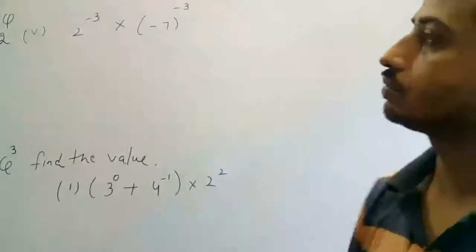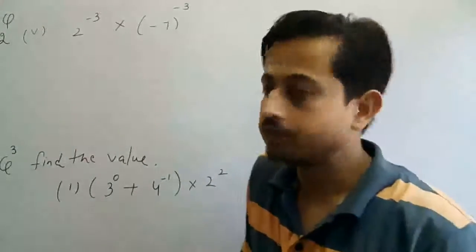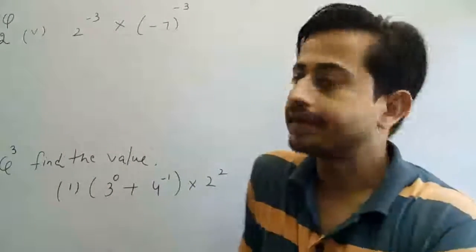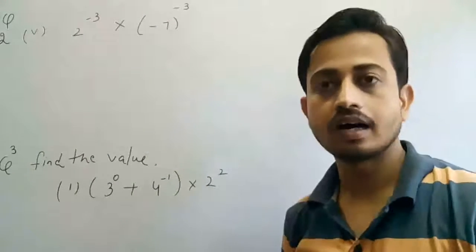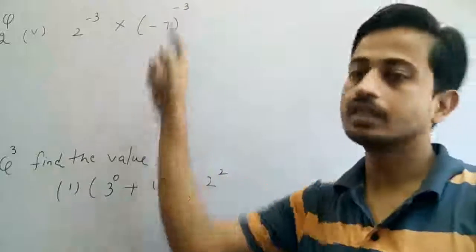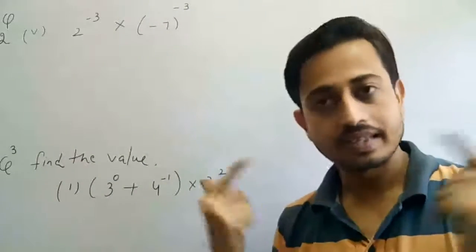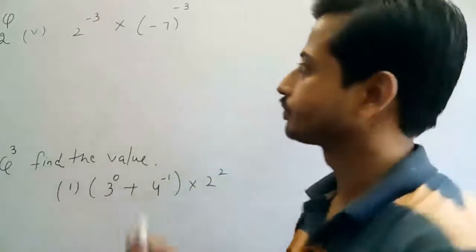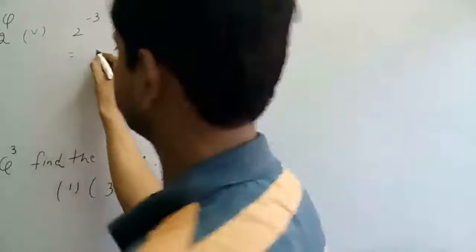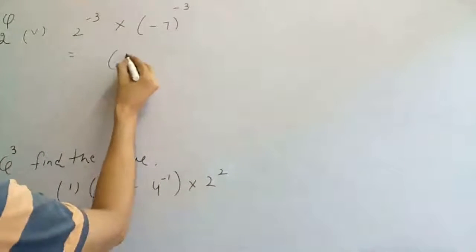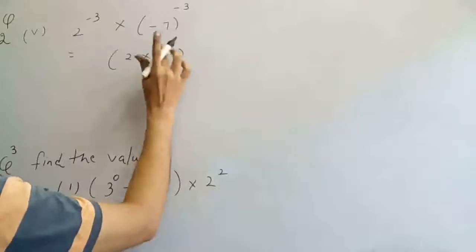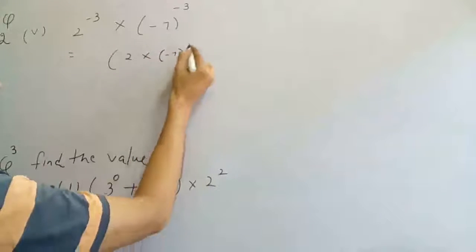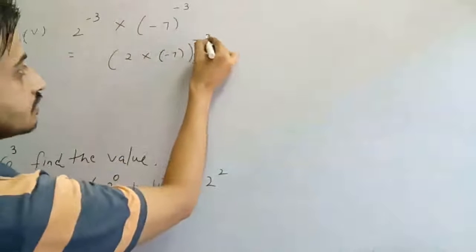Now look at the question number 2, part 5th. 2 raised to the power negative 3 multiply minus 7 raised to the power negative 3. Again power is same, so exponent gets multiplied. So the answer is what? 2 multiply with minus 7 and the power remains same.